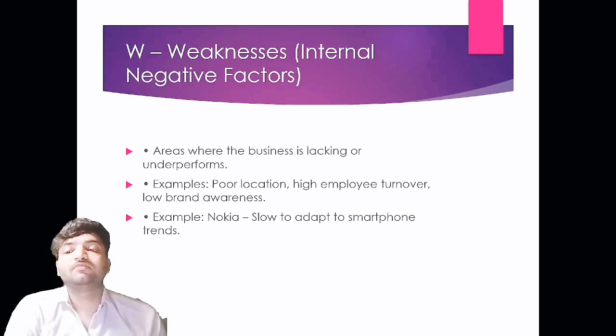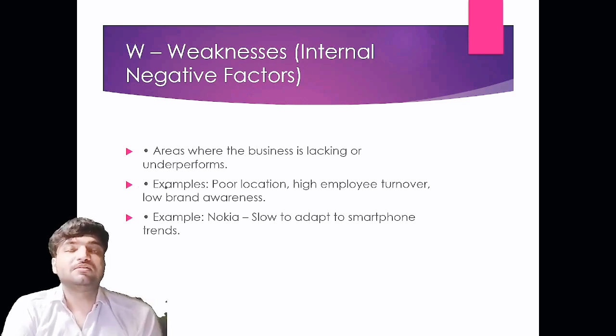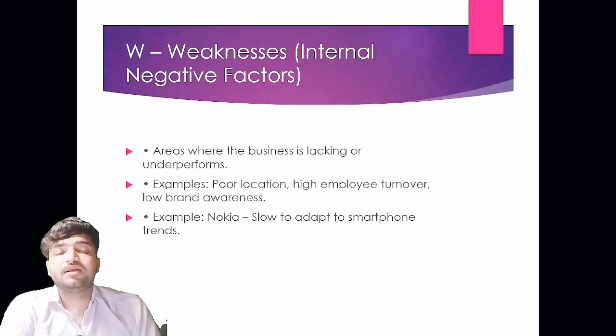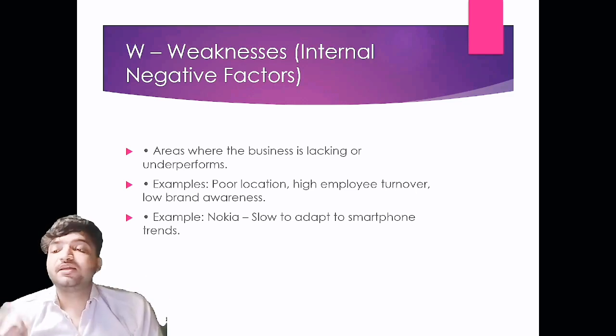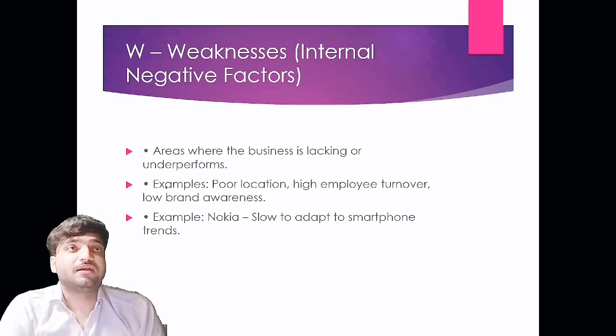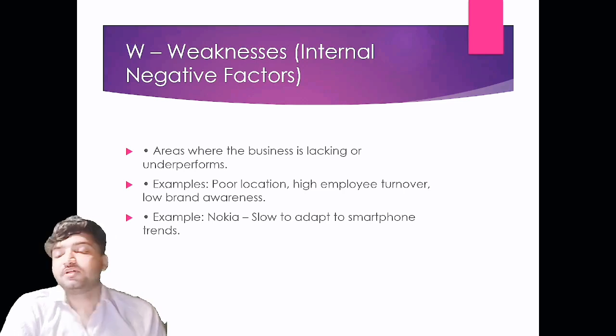Secondly, the W part, which is the weakness. These are the internal negative factors. If the location of the business is not good, if it is very far from the railway station. As in Mumbai, if the organization is near the railway station, then it is a very important factor which helps in the recognition of the business.